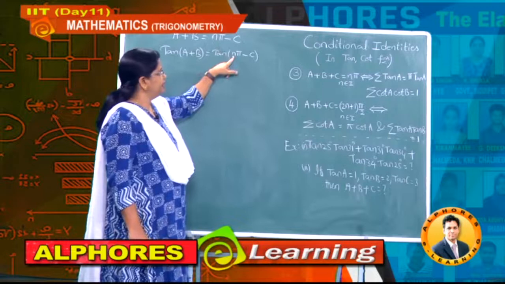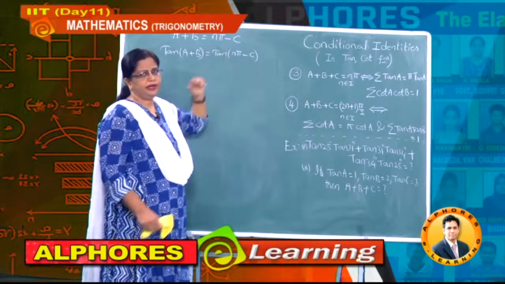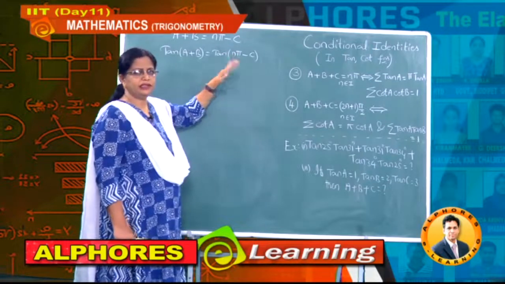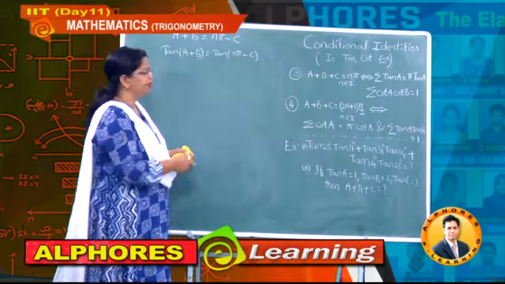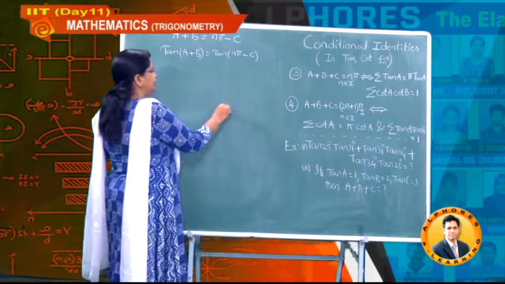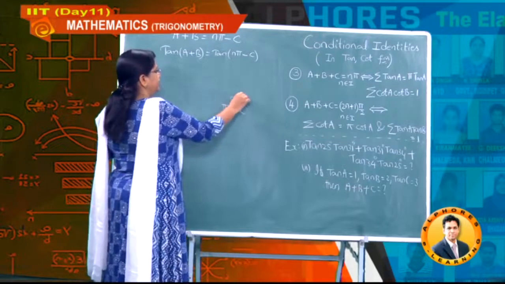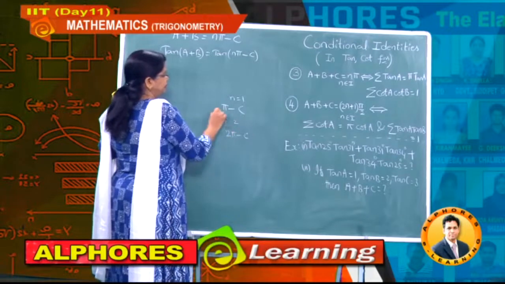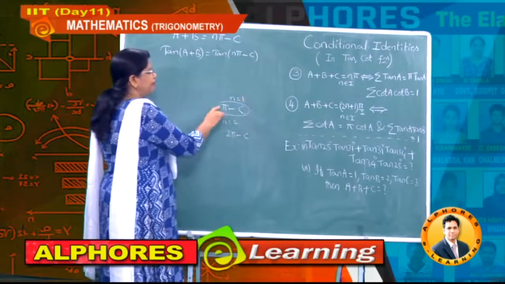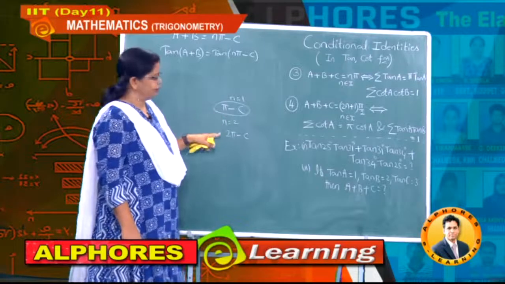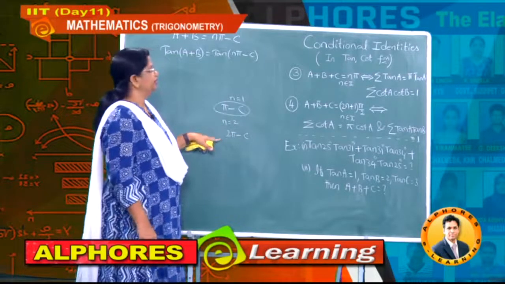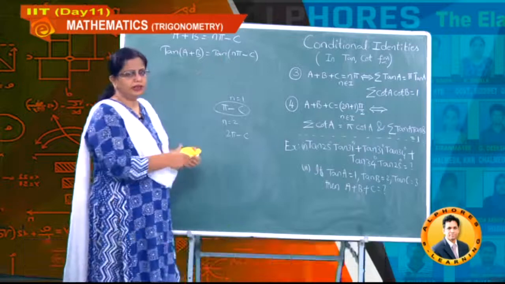If it is even, it falls in the fourth quadrant. Therefore, as a whole the answer is negative. If I take n is 1, then it is pi minus c, and if n equals 2, it is 2 pi minus c. For odd value it is the second quadrant, for even value it is the fourth quadrant. As a result, the tan answer is negative.